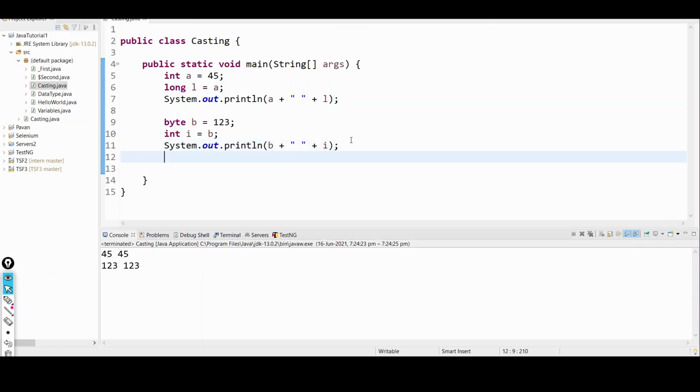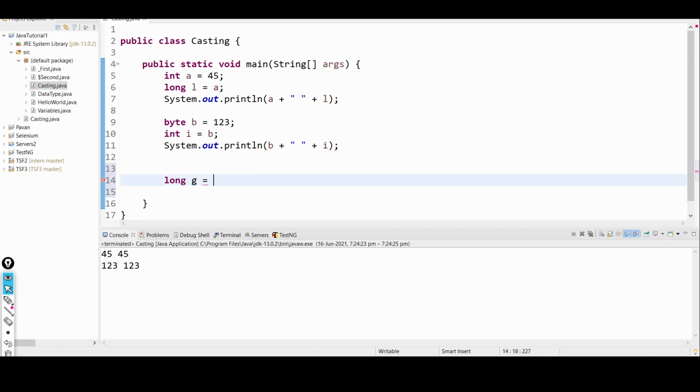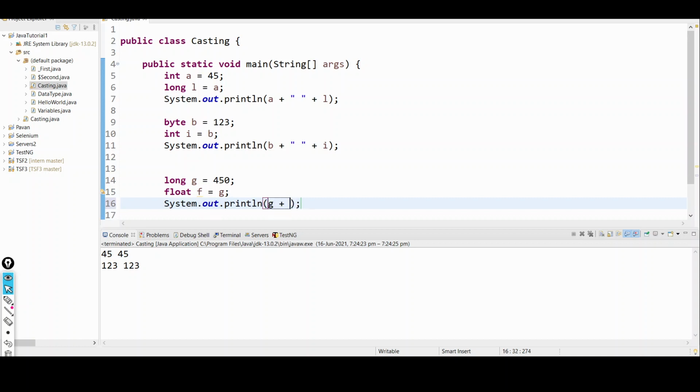The same example: long g equals 450, and float f equals g. As I said, integer to floating point is implicit, so no need to write any extra code.